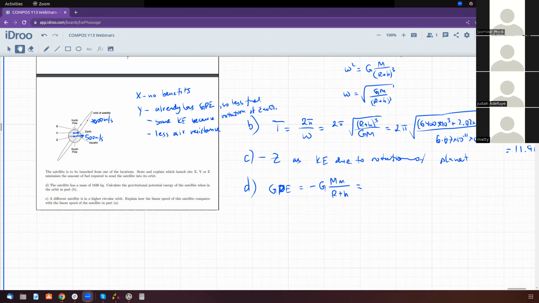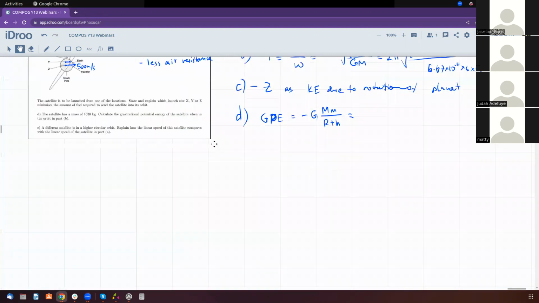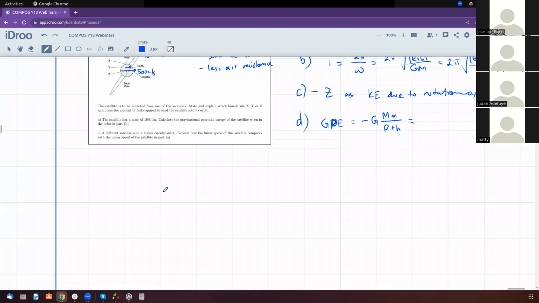So what's your energy on the surface of the Earth? I mean, you still have some, don't you? Do you have more or less? Less negative. So closer to 0. No, that's incorrect. Oh, sorry. More negative because R is smaller.